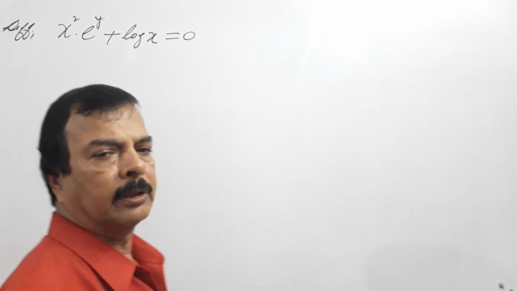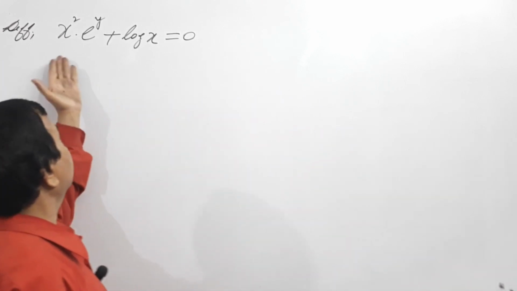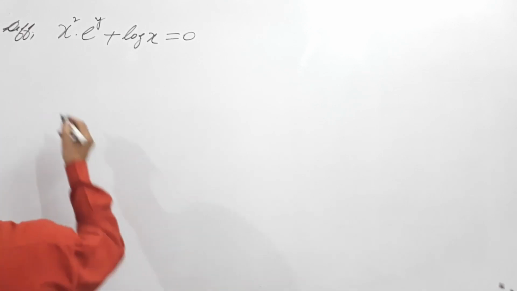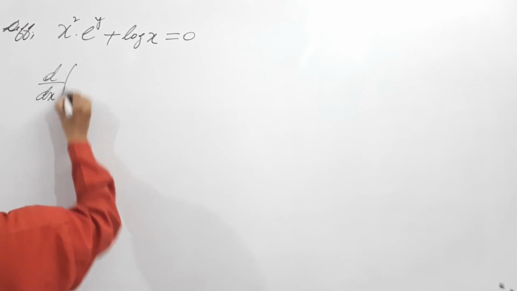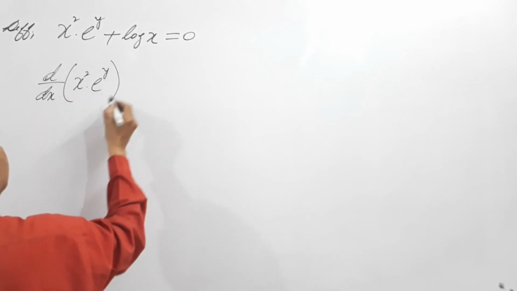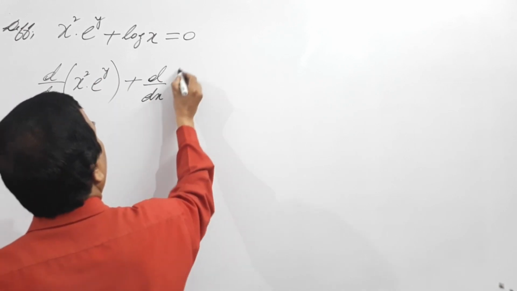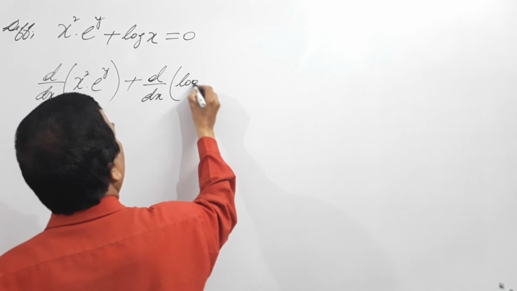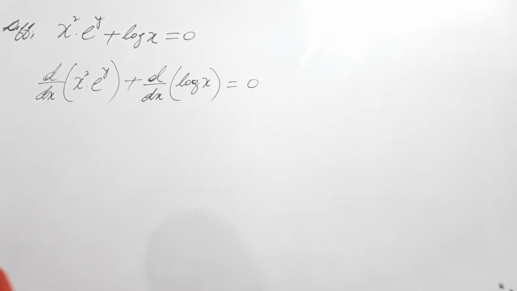So dear student, it's a very simple problem. Let's solve this. Here we will use the product rule. So it means d by dx of x square into e to the power of y, plus d by dx of log x, equals 0.